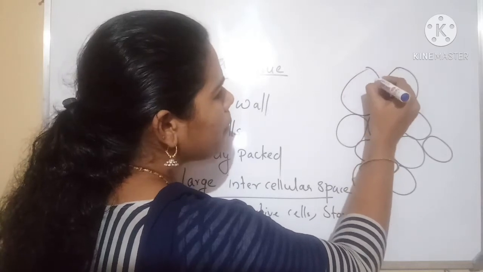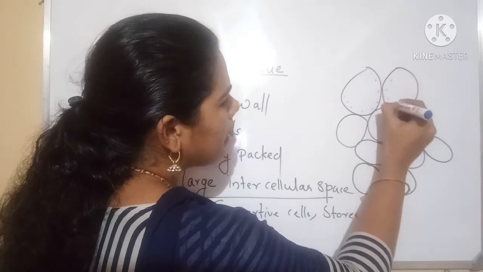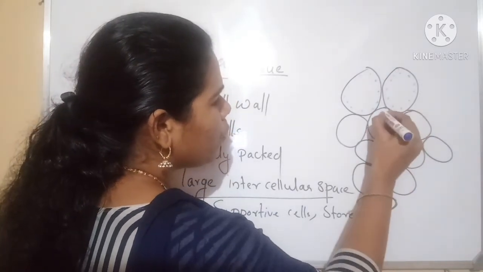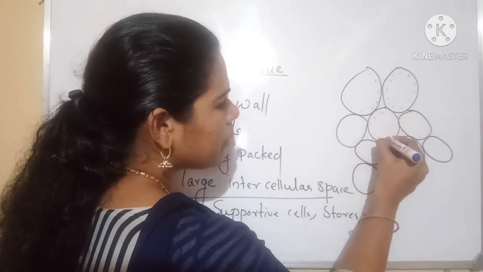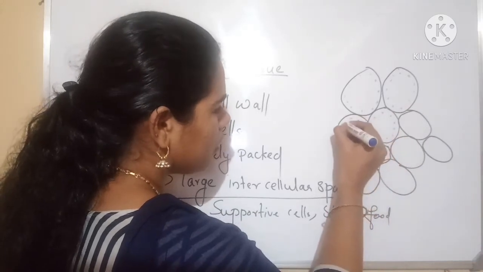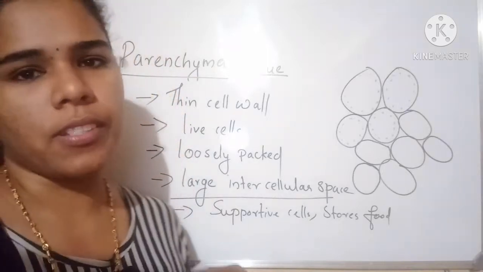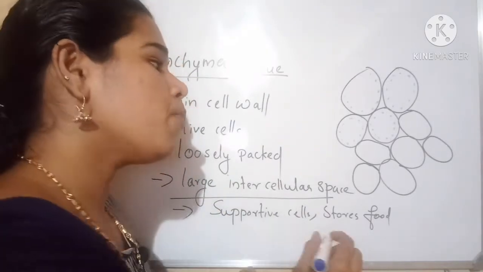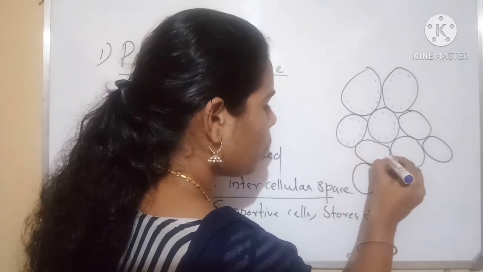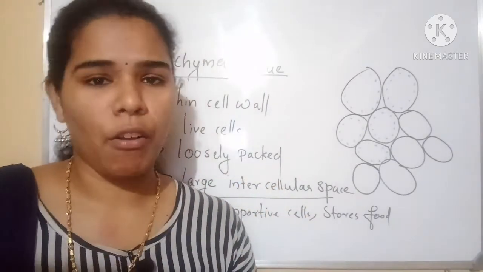We know the main function of chlorophyll pigment is to absorb sunlight, which helps the photosynthesis process. Because of the presence of chlorophyll pigment, a plant can prepare its own food.